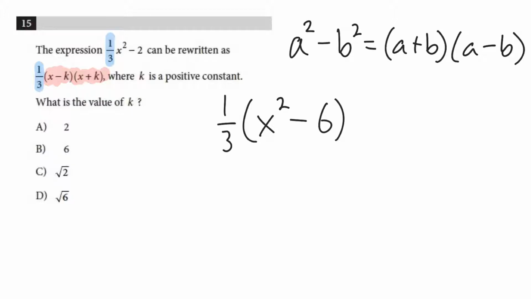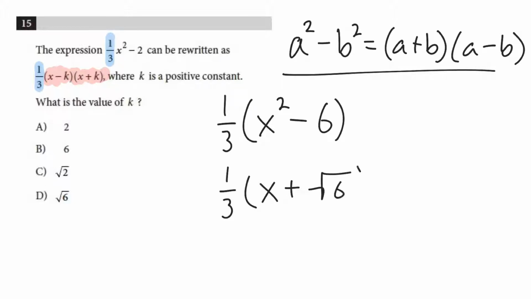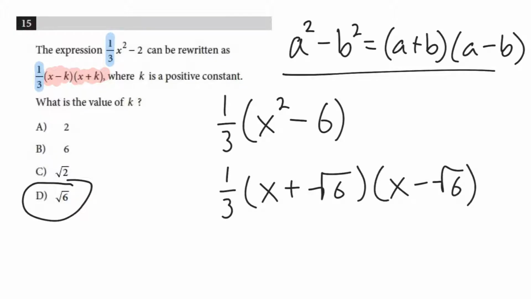If we distribute that 1/3, it'll be 1/3 x squared, and then 1/3 times -6 is -2. Using our pattern, we can factor this binomial to x plus the square root of 6, x minus the square root of 6. So the value of k is the square root of 6.